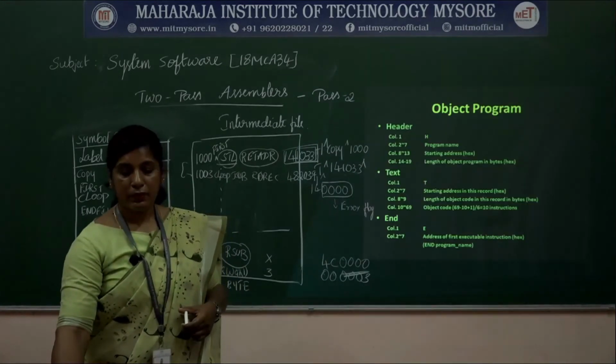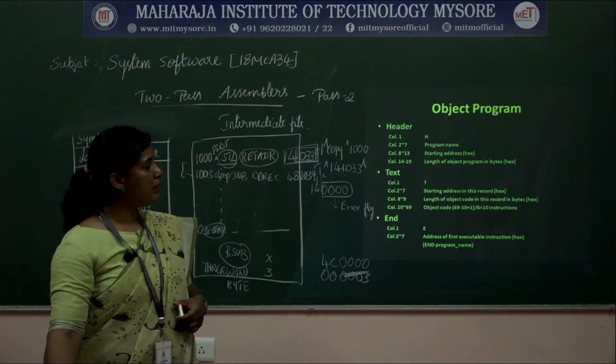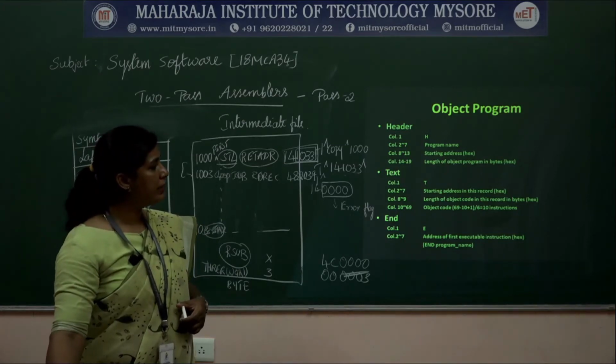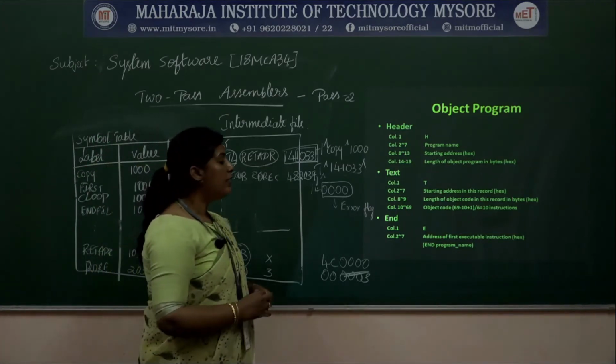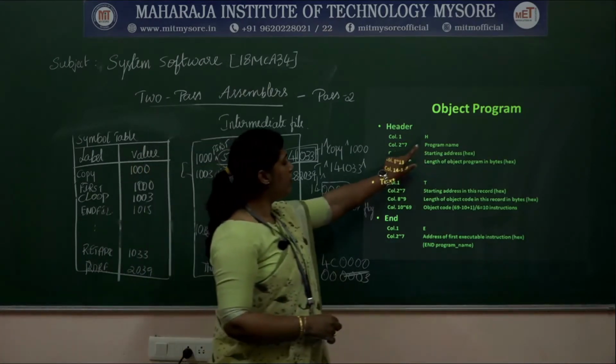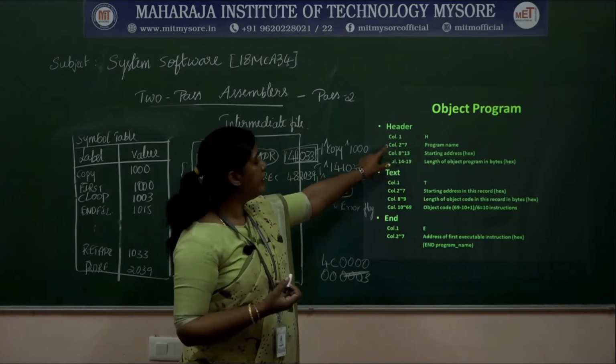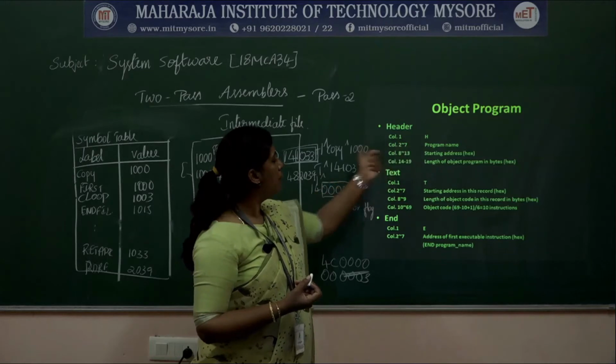I already explained all those things. The object program has three different kinds of records: the header record, the text record and the end record. In the header record, column 1 specifies what kind of record it is. Columns 2 to 7 hold the program name.